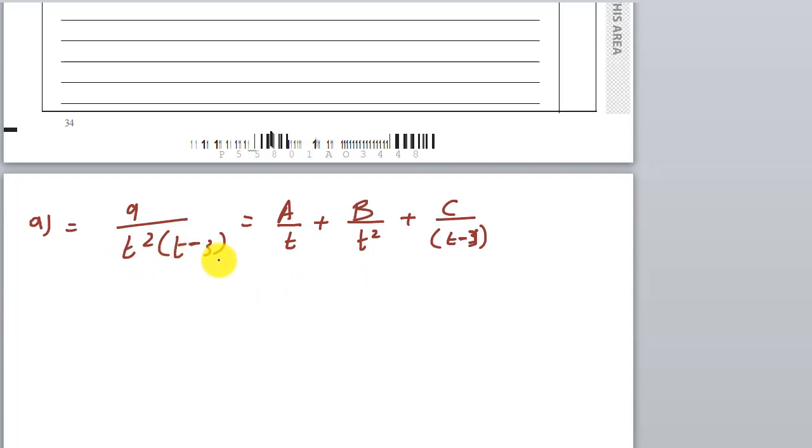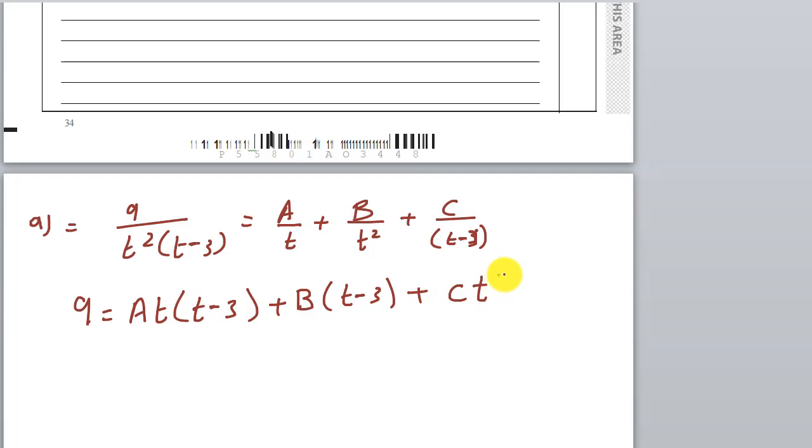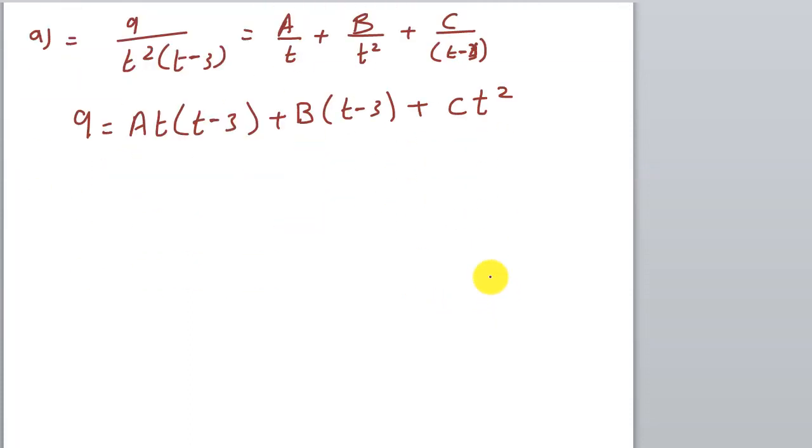Let us take the common factor t squared (t - 3). So 9 will equal a t (t - 3) plus b (t - 3) plus c multiplied by t squared. Now at t equal to 0, this part will go, this part will go, so 9 will equal b multiplied by (0 - 3).